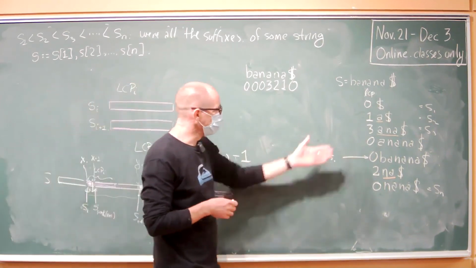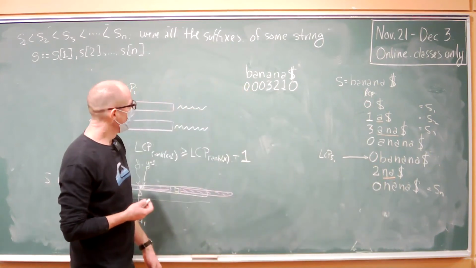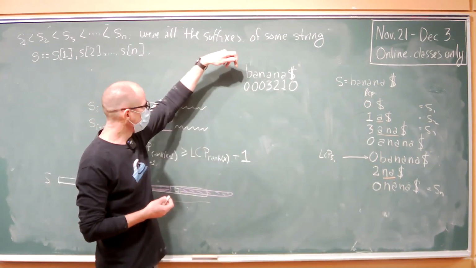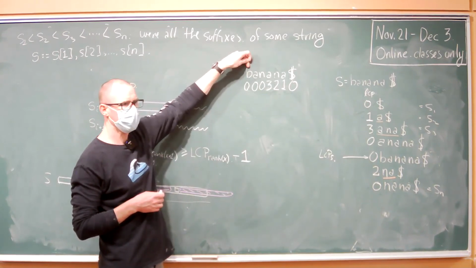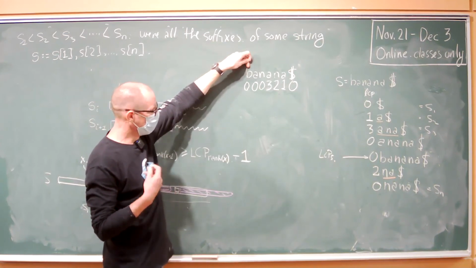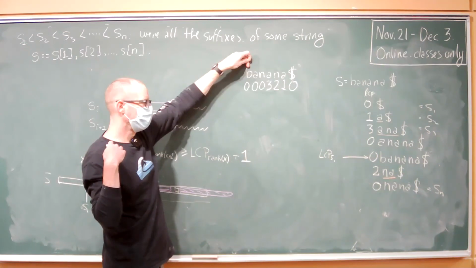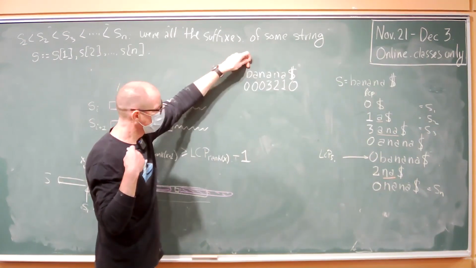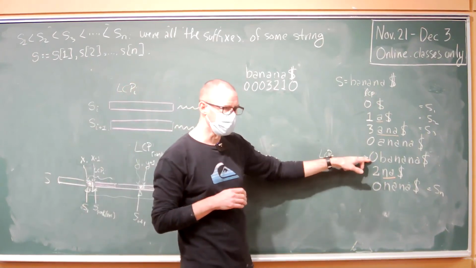So I already have the suffix array, which gives me things in this order. And initially, I start with no information, just starting with this string. And so from the rank array, I can learn that this string is at this position in the suffix array.